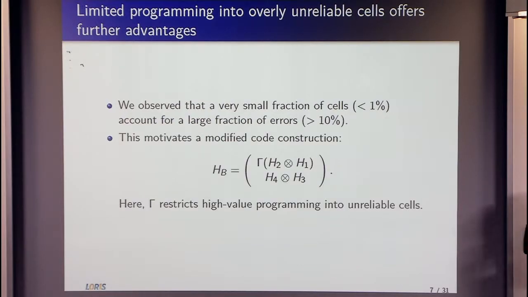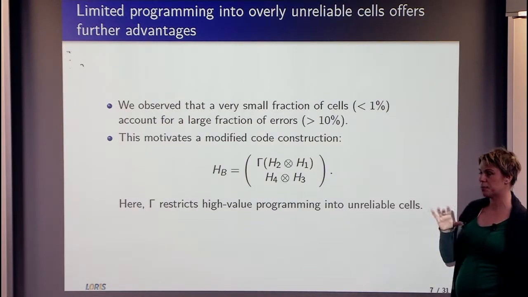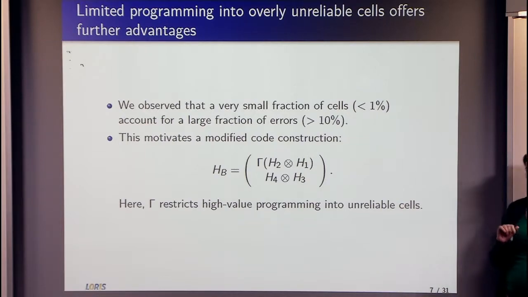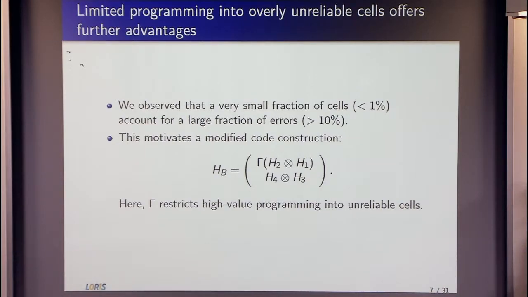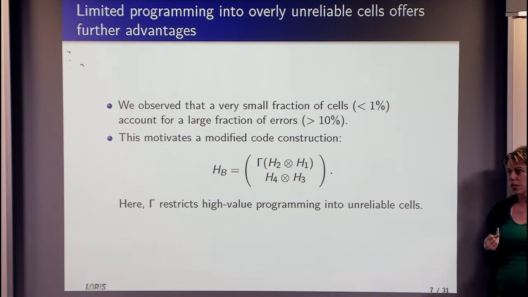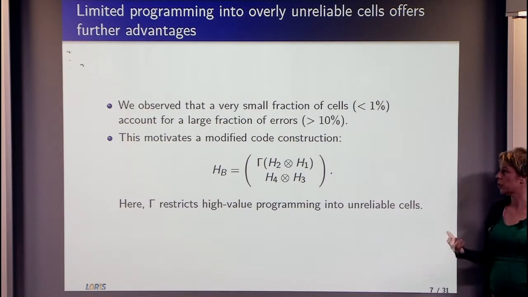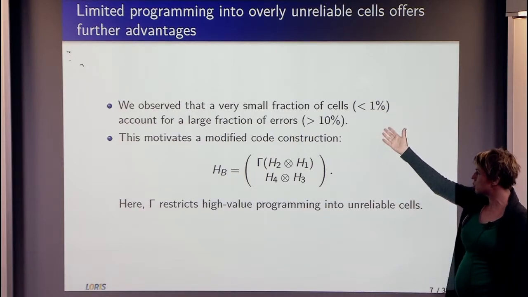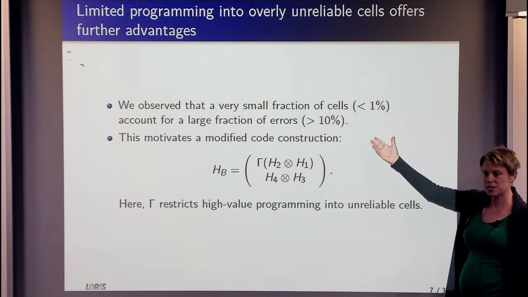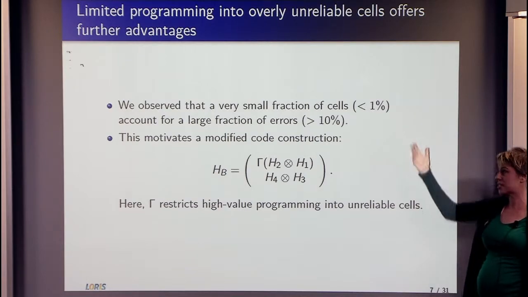Slight extension. Not only is there a variability amongst the errors within a cell, some cells are just naturally better or worse than others. In fact, we also observed, and some other people have observed, that some cells are just naturally more unreliable. Not many of them. There are just some that are more error prone. These are orders of magnitude statements. Please don't interpret them as exact numbers.